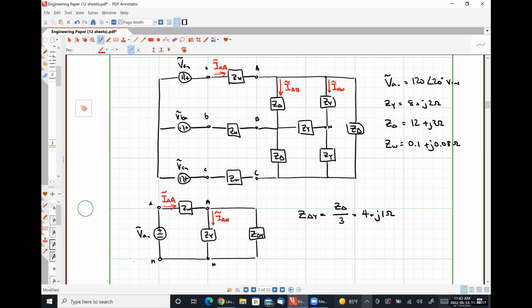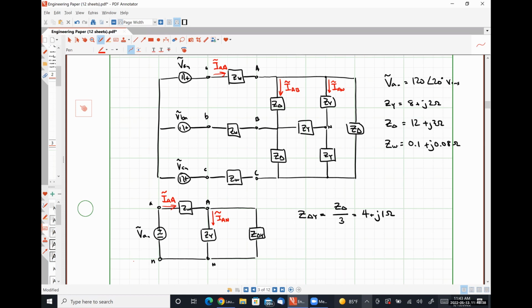To determine IAB, we can approach this in one of two ways. They give us the exact same result. What I'm going to do is apply Kirchhoff's current law at this node here, right?